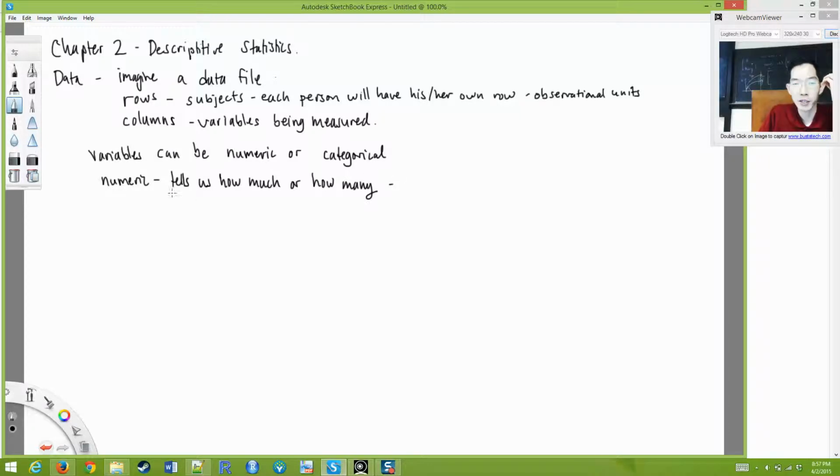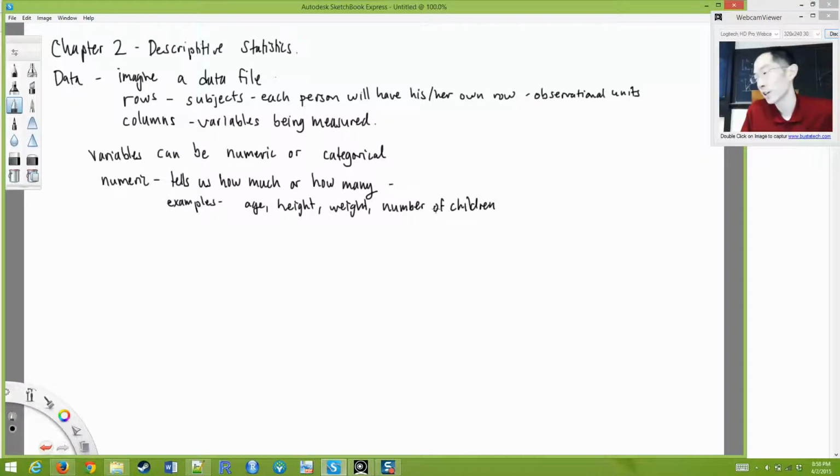So examples are age, height, weight, number of children. You know, this might be for a person. If you're dealing with plants or something, it could be, I don't know what else. Okay, height of a plant.